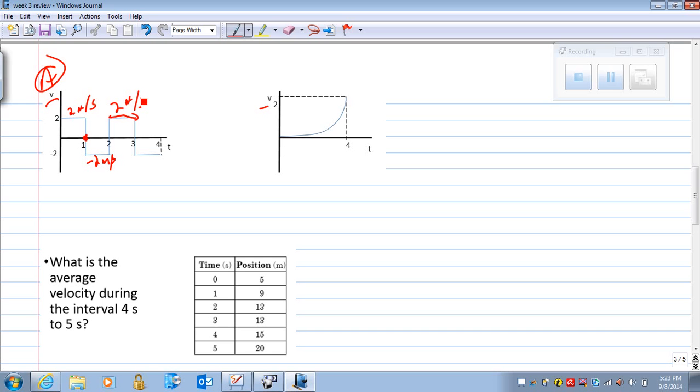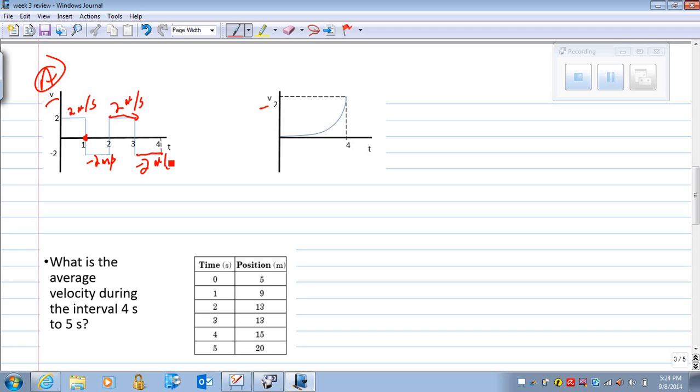If the starting direction was north, it went 2 meters per second north for 1 second, and then for 1 second, it went 2 meters per second south. It turns around and goes 2 meters per second north again, and then turns right back around and goes 2 meters per second south, a negative 2 meters per second, for 1 second.